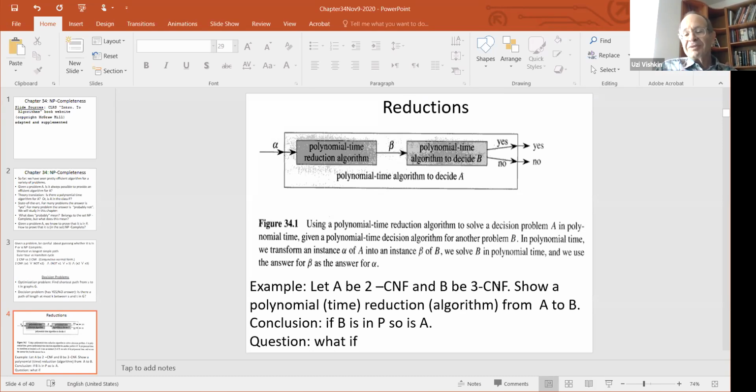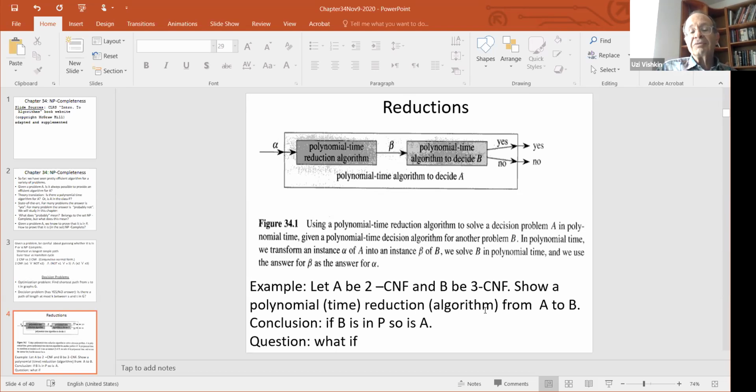Just for the sake of discussion. The only reason I'm doing that is because I wanted to demonstrate to you that I can give a reduction from 2 CNF to 3 CNF.